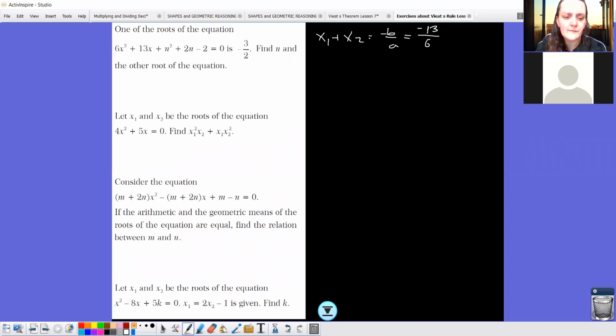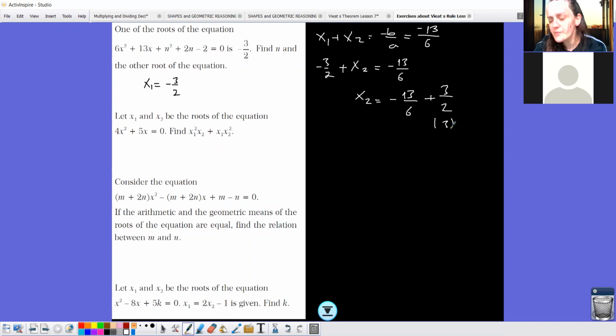Then we can say that x1 is given. Let's write here, x1 is minus 3 over 2. We don't know x2. So if I write minus 3 over 2 instead of x1, minus 3 over 2 plus x2 is equal to minus 13 over 6. When I take minus 3 over 2 to the other side, I will find x2, which will be minus 13 over 6 plus 3 over 2.